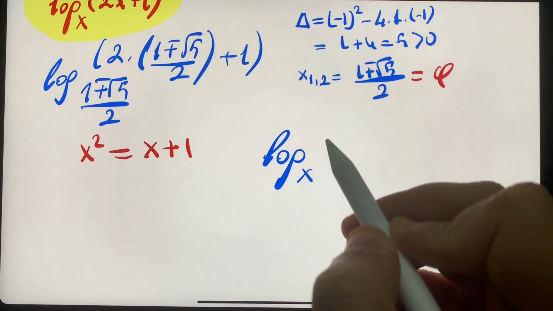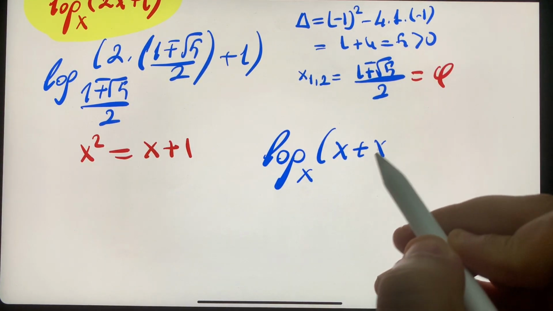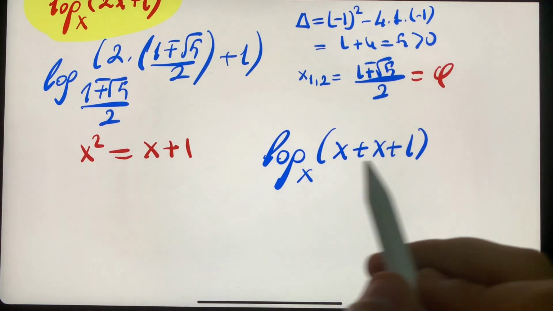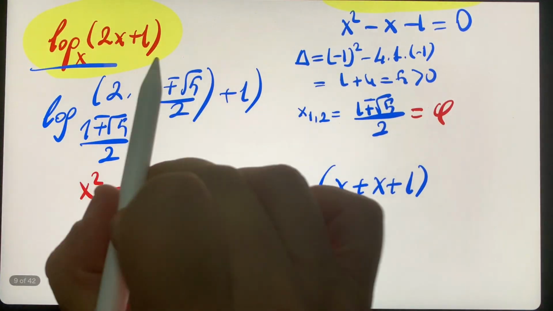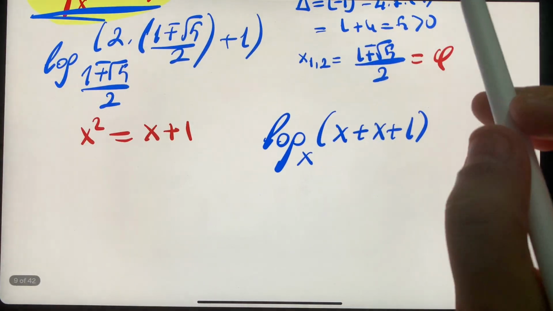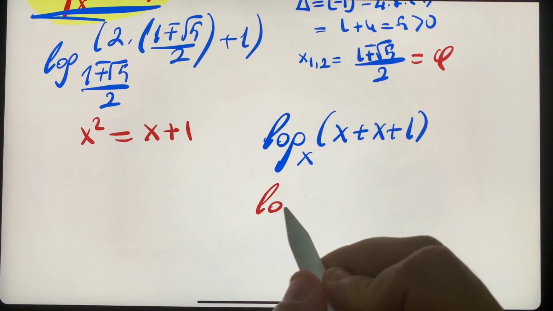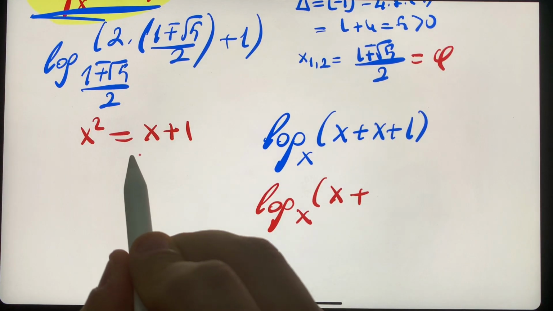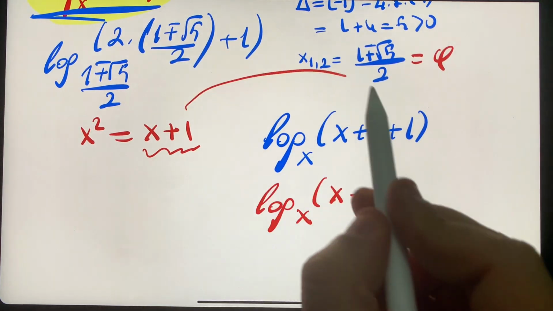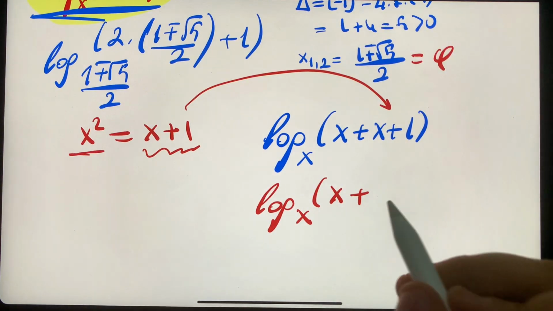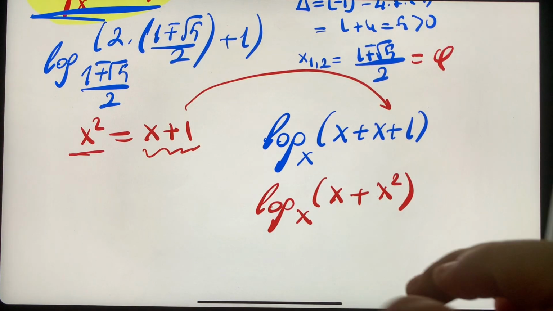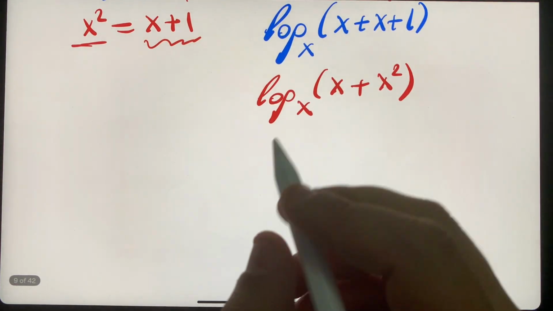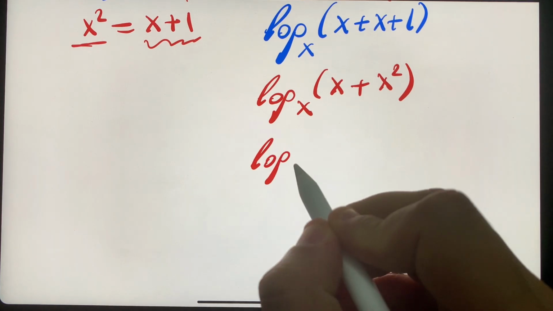I can write this question as logarithm base x of 2 times x plus 1. Look where I saw x plus 1, if you pay attention: I can write it as x squared. If I continue a little more, logarithm in base x of 2x plus 1.